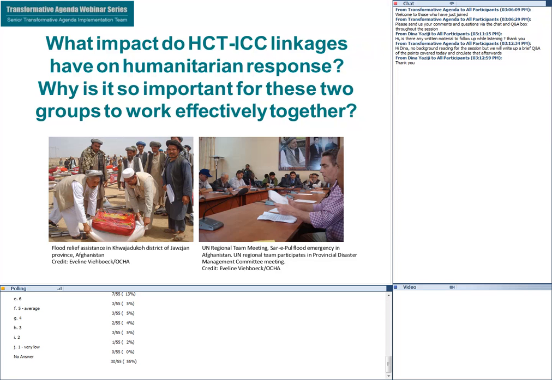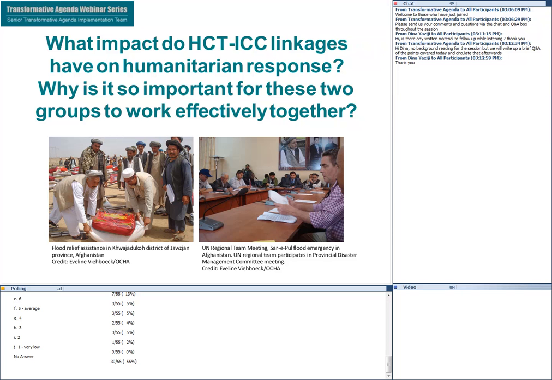So getting the framework of the HRP right and more focused on needs and costing those needs out has been a major change. I say that as a former skeptic of the new approach. So that's one thing that I think has worked well in Afghanistan.